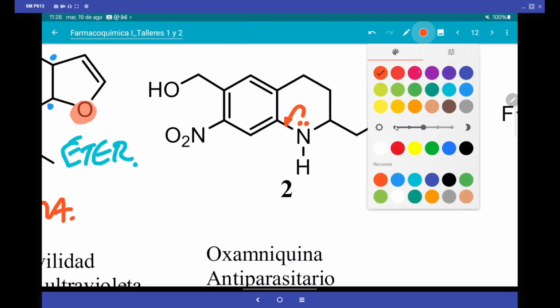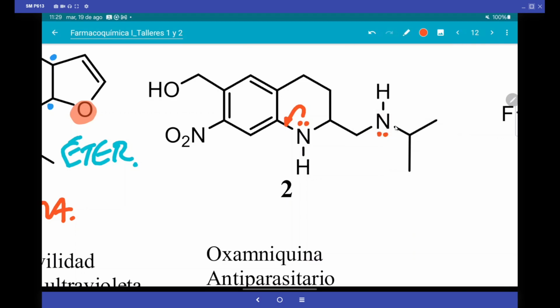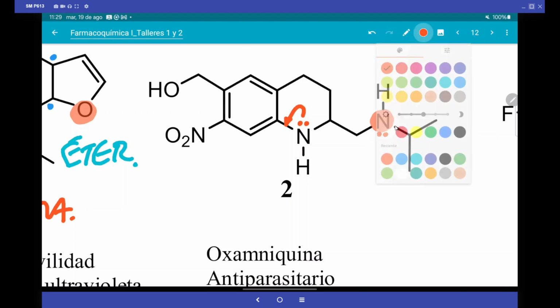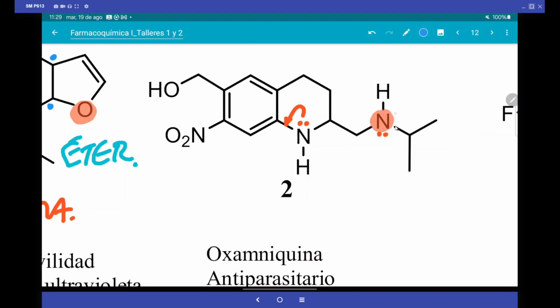The second, very well, the second basic atom of the structure, and that is important when making our docking analysis with the protein, since that is going to have a positive charge. Then that is basic, 9 to 10. That other nitrogen has the inductive effect of the nitro group.